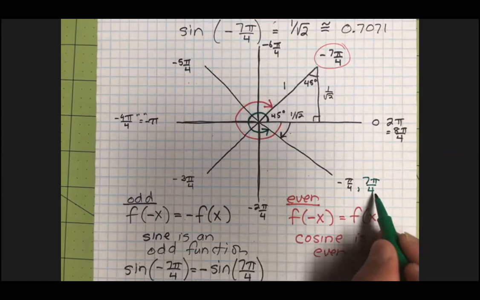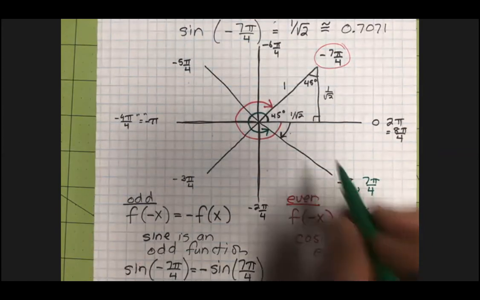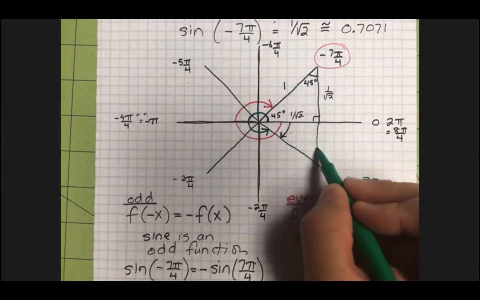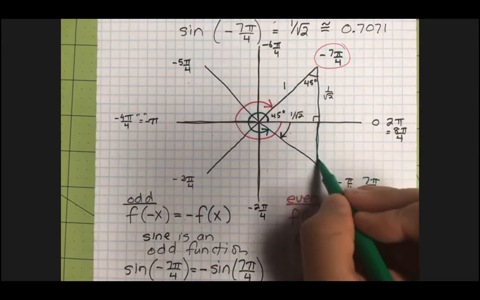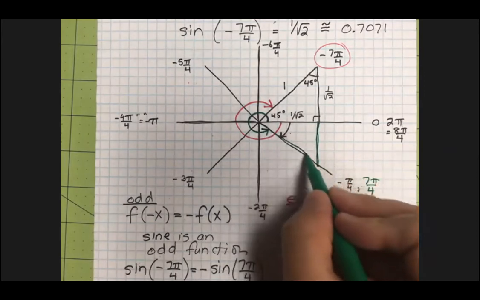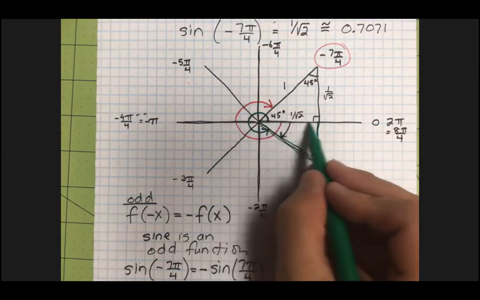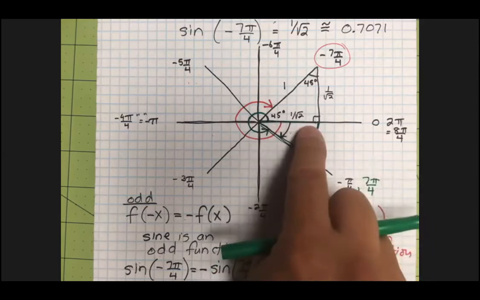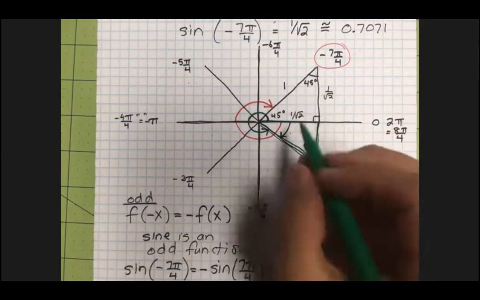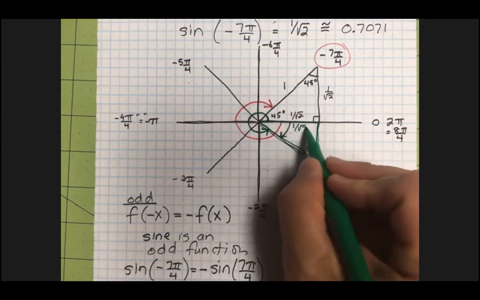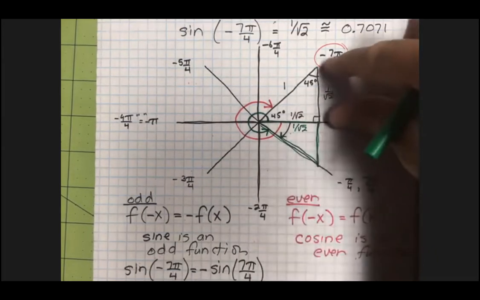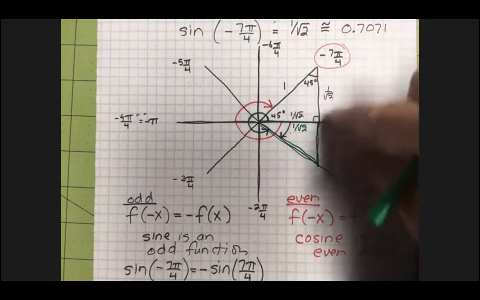Now let's talk about 7 pi over 4. Again, same reference triangle, 45, 45, 90, right? And the horizontal side is an exact match to the triangle above. The horizontal side is 1 over root 2. This height and this height must be the same.